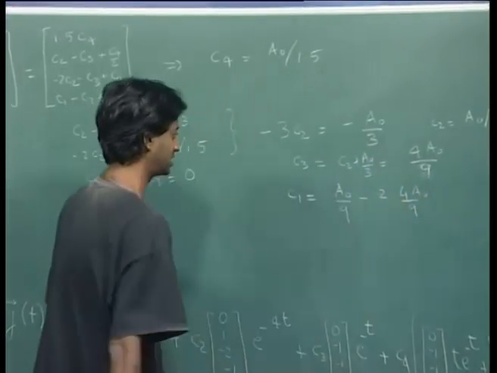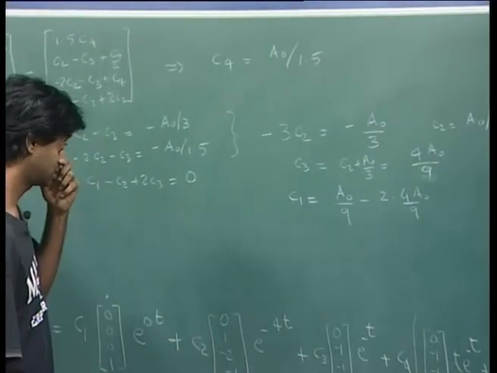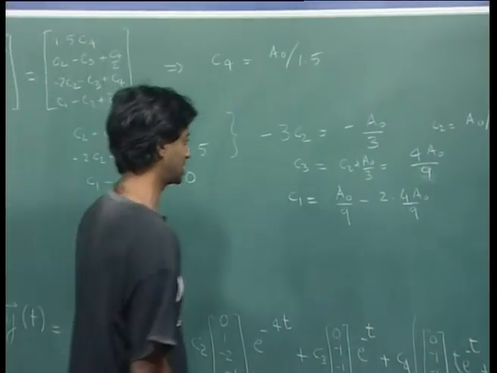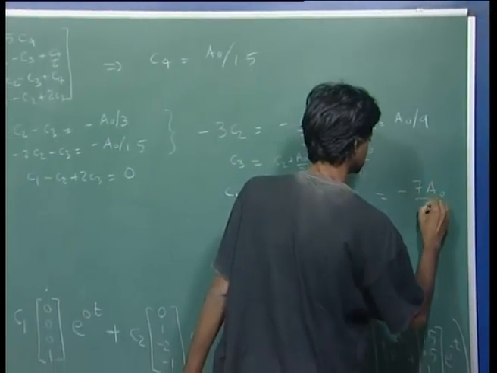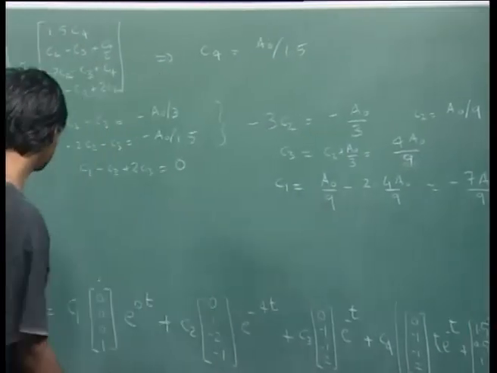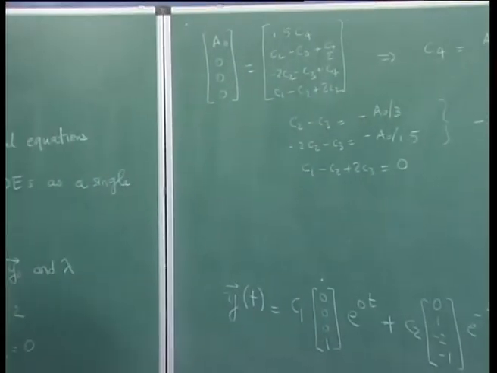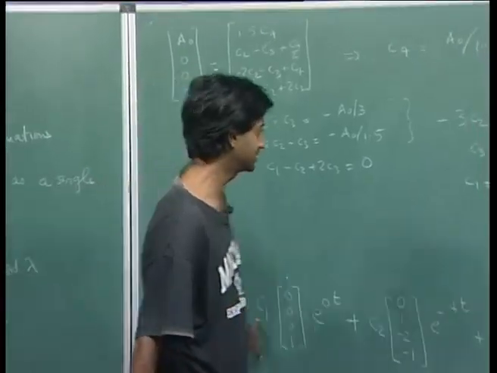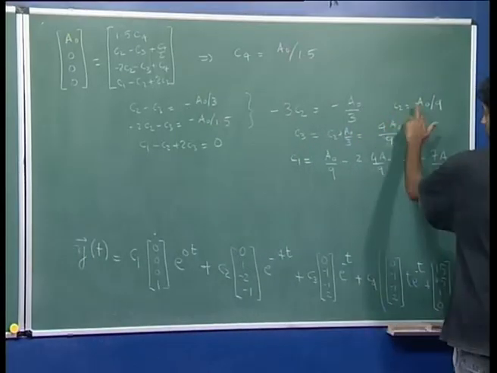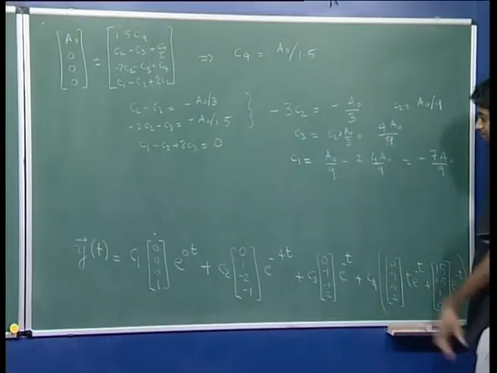So A0 by 9 minus 8 A0 by 9. So that gives me minus 7 A0 by 9. So now we have determined C1, C2, C3 and C4.